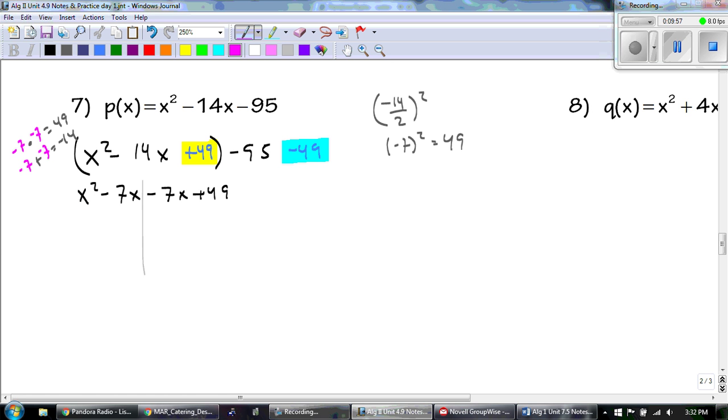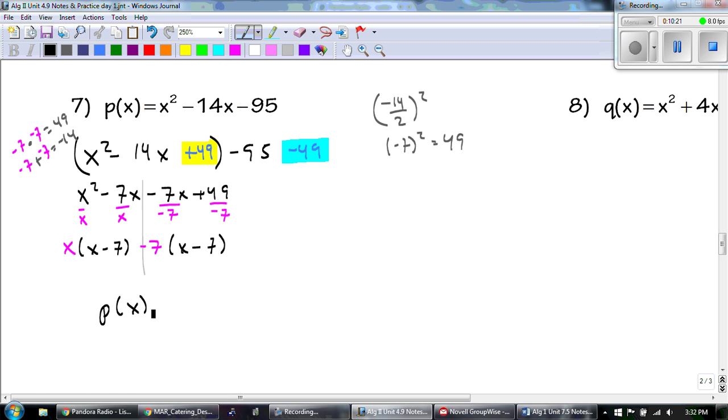Okay, you can see that I'm already starting to factor this. You should have gotten -7 and -7 for numbers that multiply to 49 and add to -14. So we get x minus 7 and x minus 7 are going to be our two binomials.